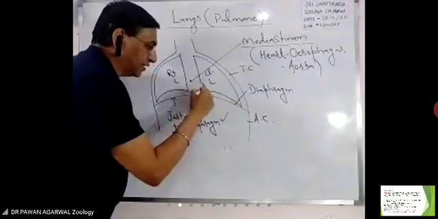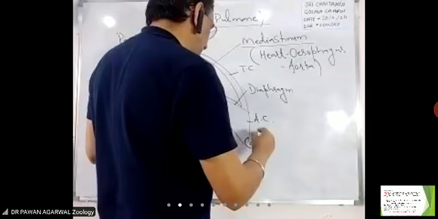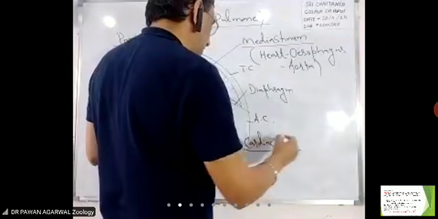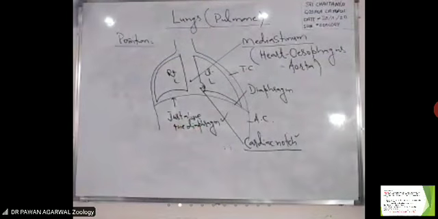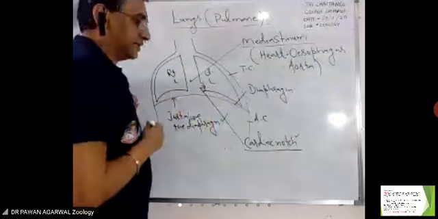In the left lung, a structure is present that is known as the cardiac notch.